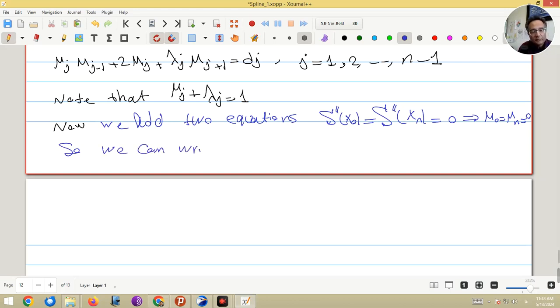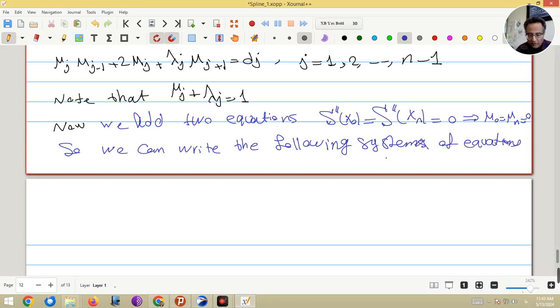We can write the following system of equations.